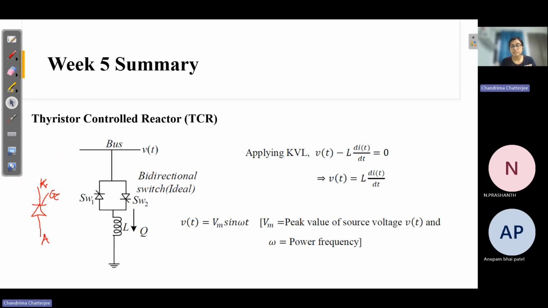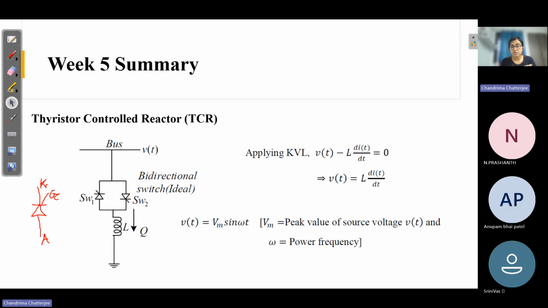This has basically three terminals. This terminal is called the cathode, this one is called the anode, and this terminal is called the gate terminal. I hope you have already heard about diodes. Now, this switch has similarity with a diode, but it is slightly different. A diode has two terminals basically, cathode and anode, right?